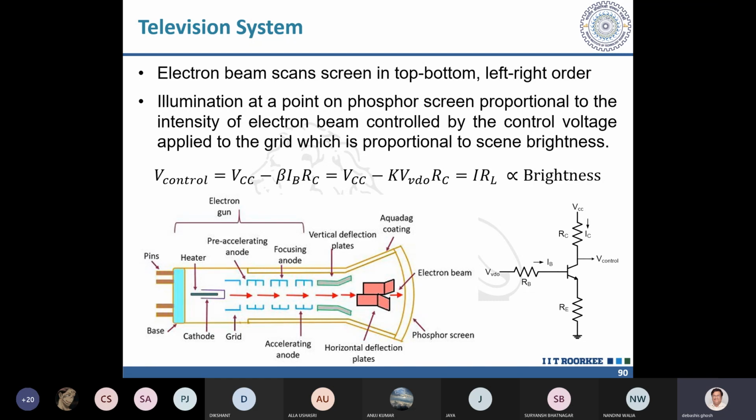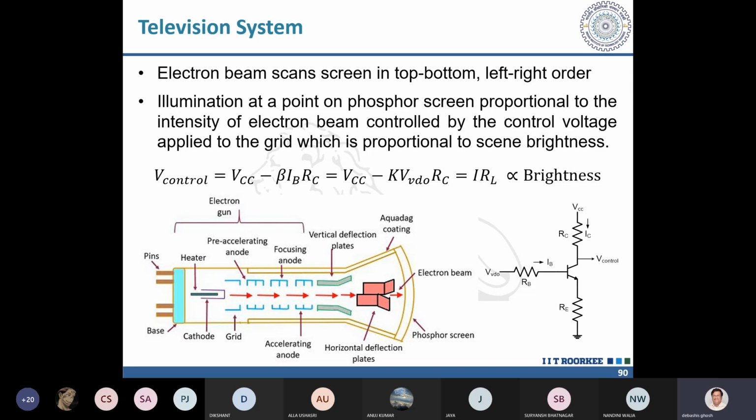And here the direction of movement of this electron beam will be from top to bottom and from left to right, because here I want the scene to be produced in the proper way. There it was inverted, but here I want it to be in the proper way. So that's why the electron beam will be moving in this direction.